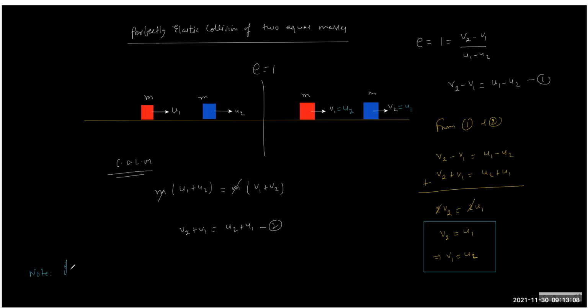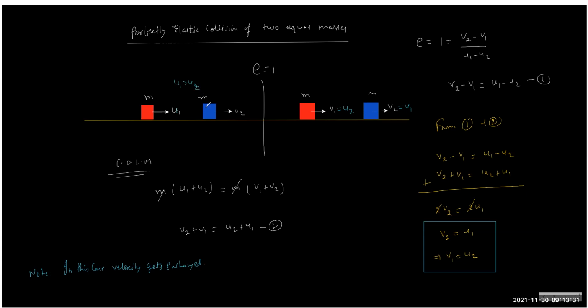In this case, velocity gets exchanged. That's it. So you may think this way: if these are two masses, m1 and m2, which one is bigger here? One is more than two.